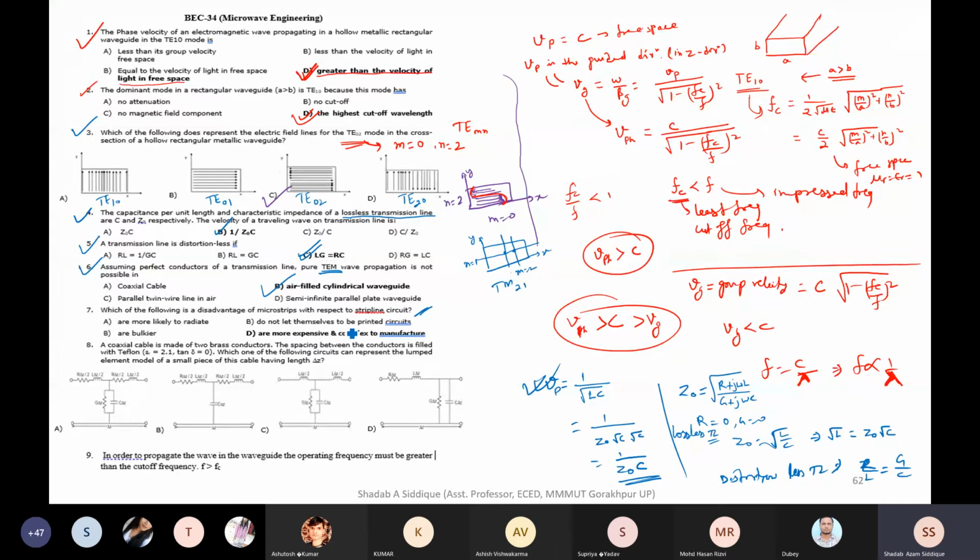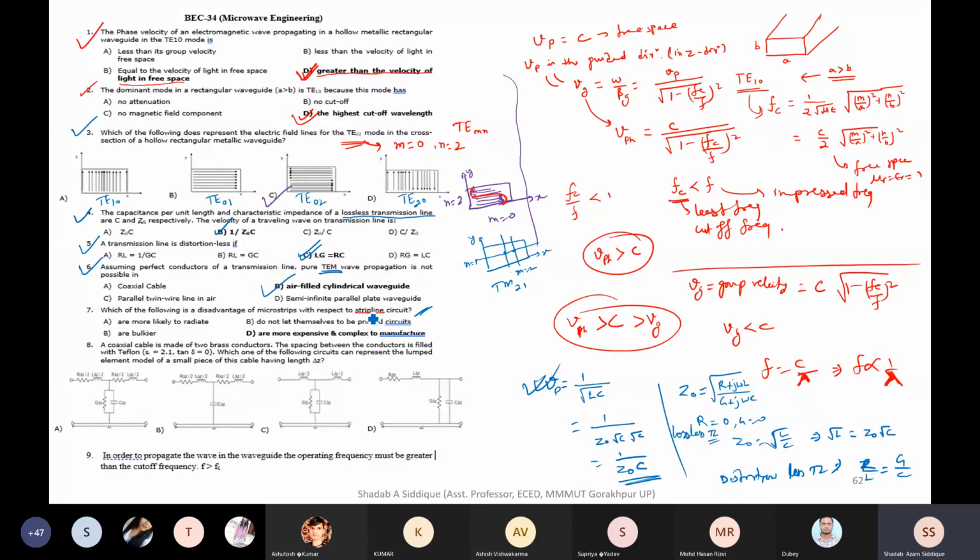So which of the following is a disadvantage? Strip lines are more likely to radiate, a disadvantage of the microstrip line. But initially we were discussing the strip line. Then we saw that a strip line has no tunable facility.